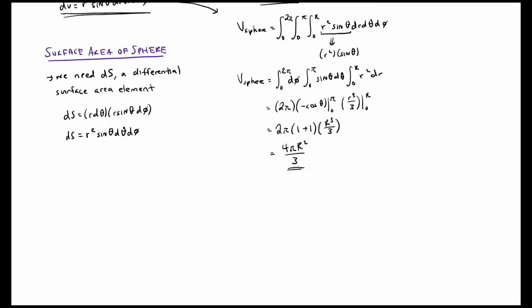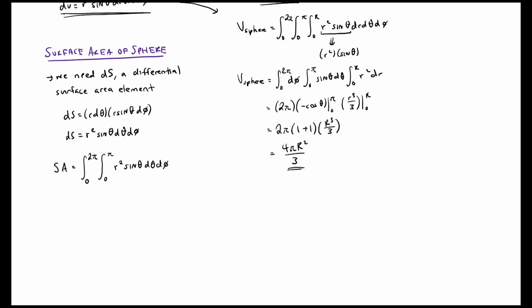So to calculate the surface area, we now have different boundaries. We know that the boundary of phi is going to be from 0 to 2 pi, and we know that the boundary of theta is 0 to pi, and we have r squared sine theta d theta d phi.